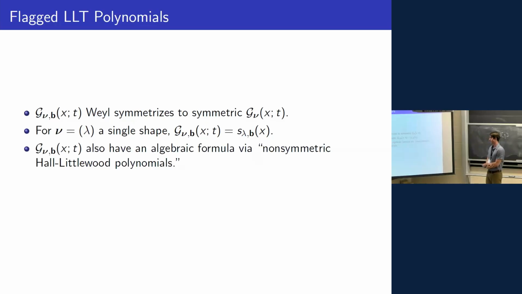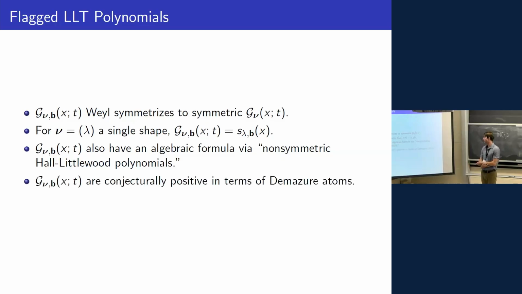The other one is that we were able to, and I'm not going to write it out because it's a little messy without more work, but we could actually also give an algebraic formula using a tool called nonsymmetric Macdonald-Littlewood polynomials. So we were able to connect a combinatorial formula to a certain algebraic formula. But maybe most importantly, conjecturally, these things expand positively in terms of dense atoms.